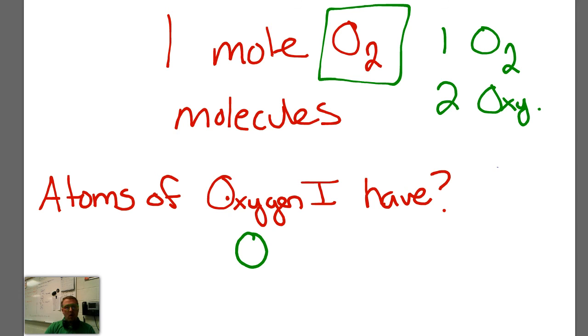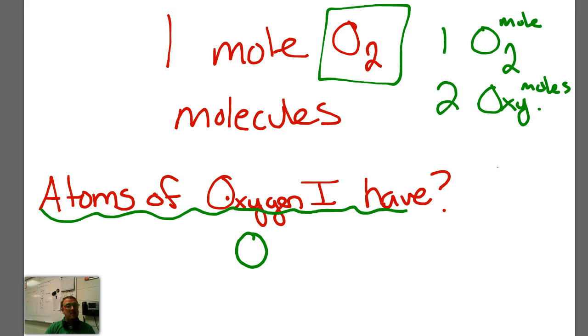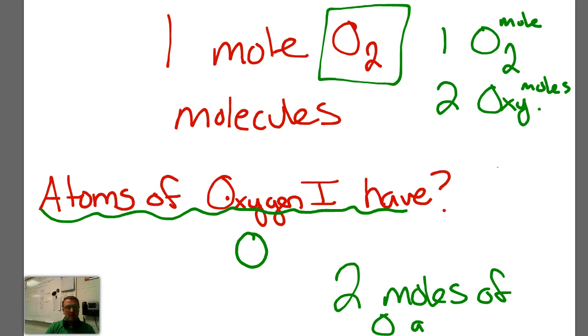So if I have 1 mole of O2, take and multiply this by 6.02 times 10 to the 23rd, and I get a mole, then I would have 2 moles of atoms. And that's what we mean by stating how many atoms of oxygen I have. I would have 2 moles of oxygen atoms.